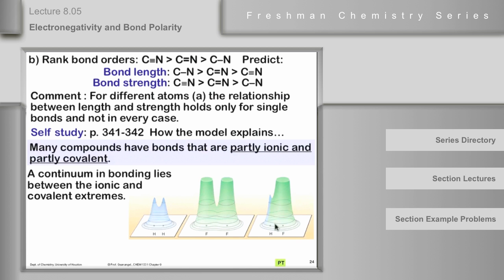I will come back to this diagram later, but I just want to point out to you here that if we look at a three-dimensional plot of the electron density of a purely covalent bond, presumably that between the two hydrogen atoms in H2 is about as purely covalent as we're likely to get.